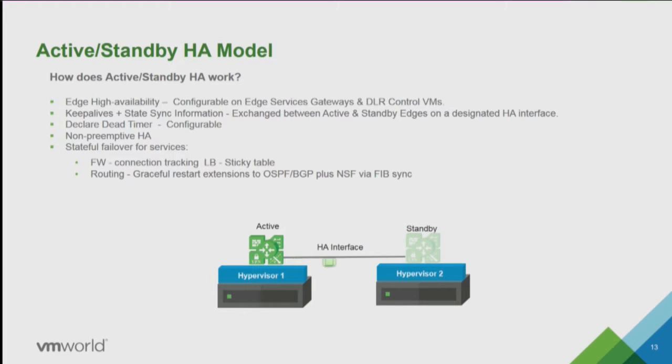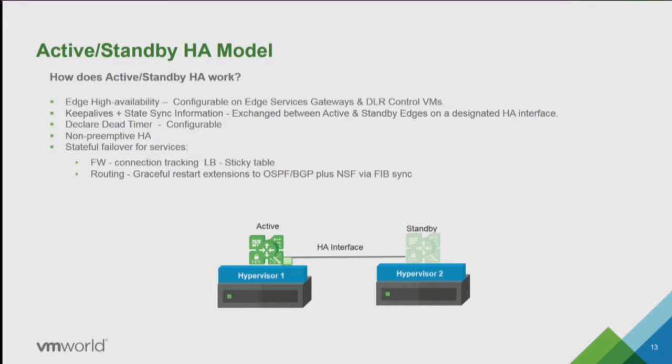So how does it work? We are exchanging keepalives on a dedicated HA interface. That's pretty important there. Don't try to overload this HA interface. We are sending keepalives, and if you use it for northbound traffic or any other traffic that will really overload the interface, you may have issues there.